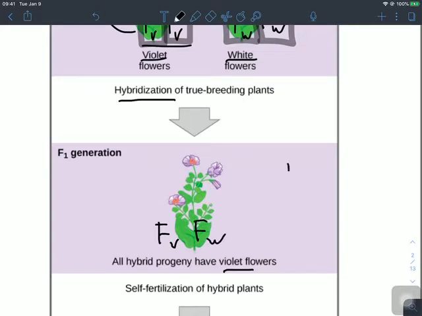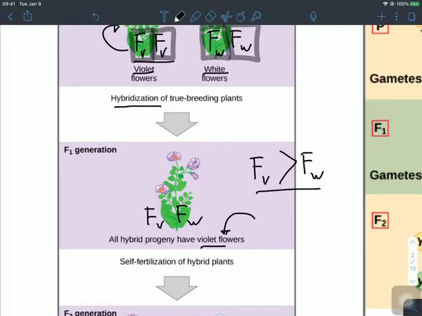This means that FV is dominant to FW because the phenotype in the progeny is violet. This is how you can indicate dominance and recessivity. So let's go ahead and self this generation.